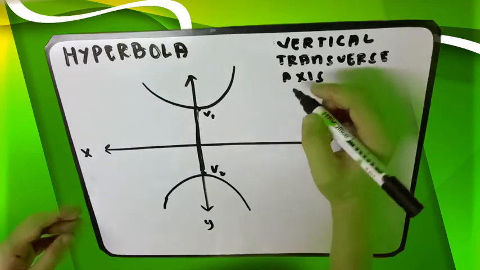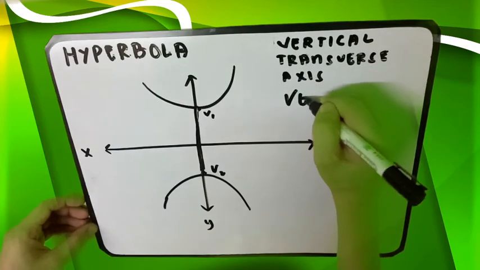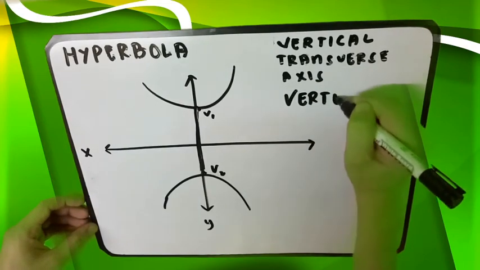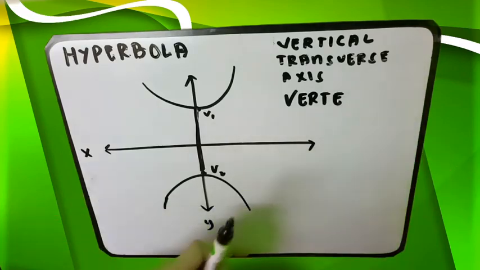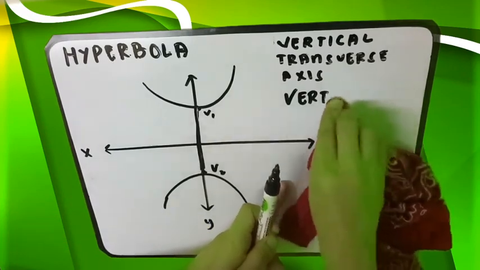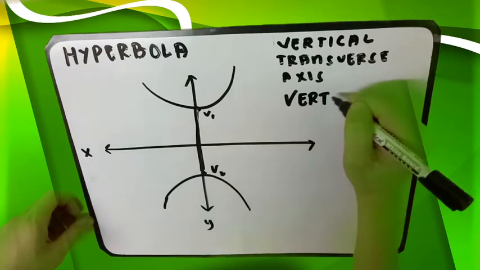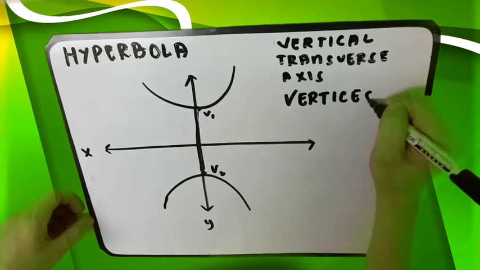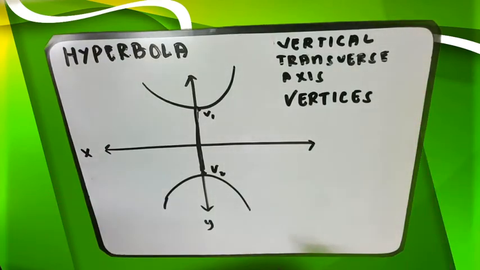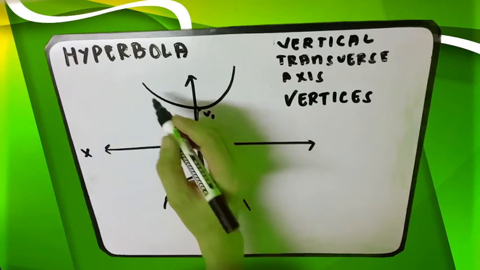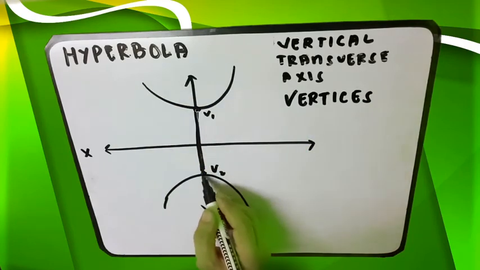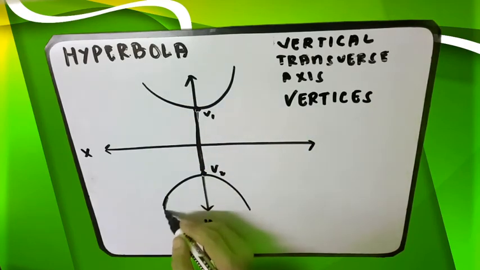So yung vertex or vertices, makikita siya commonly dito sa center ng graph ng hyperbola.